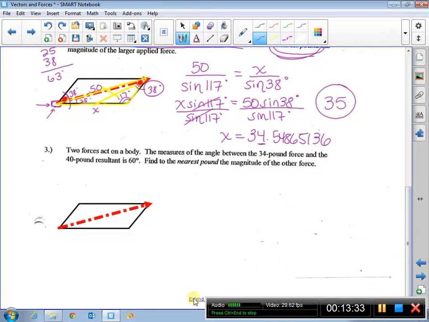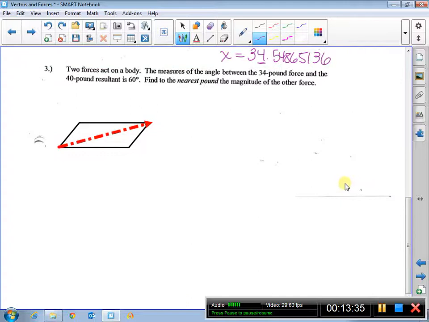The next problem has two forces act on a body. The measure of the angle between the 30-pound force and the 40-pound resultant. Okay, so we have a 34-pound force. Let's just put it here.